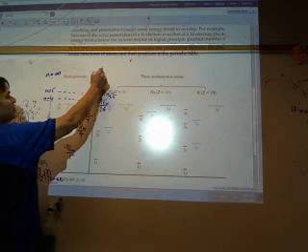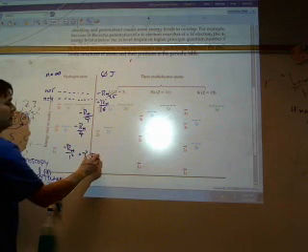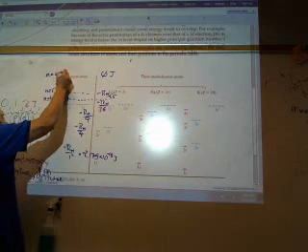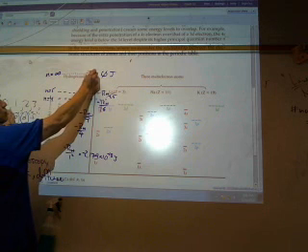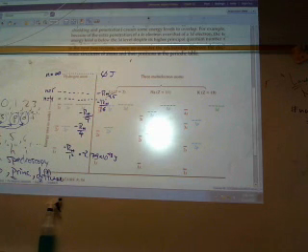At n equals infinity, we got 0 joules. So we're going from minus 2.179 times 10 to the minus 18 joules to 0 joules, and at n equals infinity, there's going to be infinity squared orbitals, which is huge, but all those orbitals will be degenerate. They'll all have the same energy.